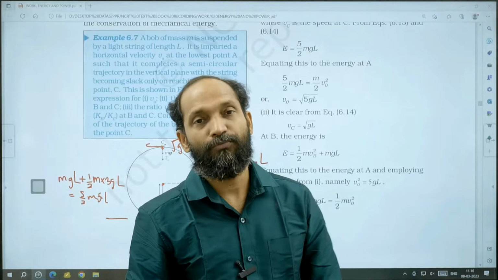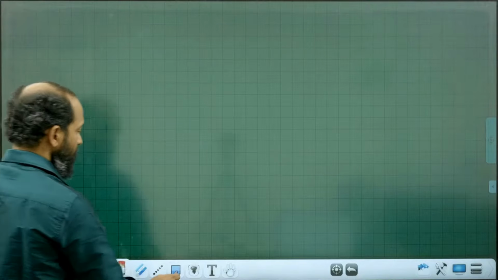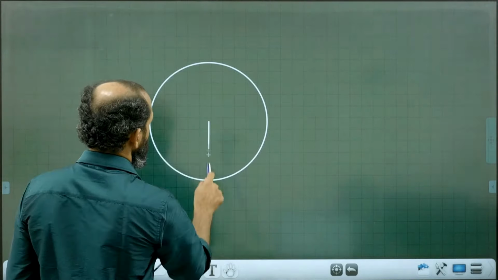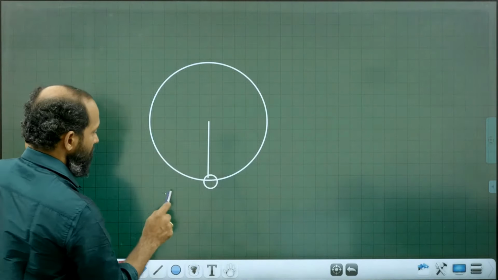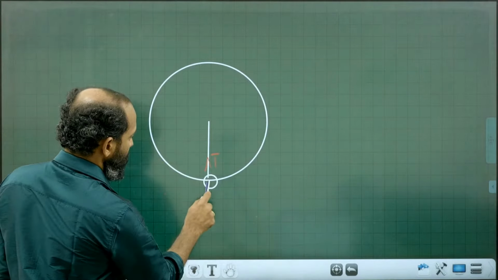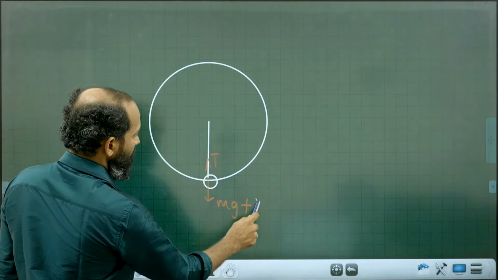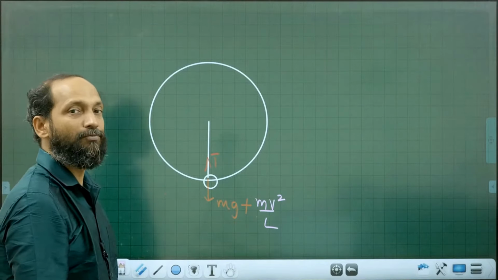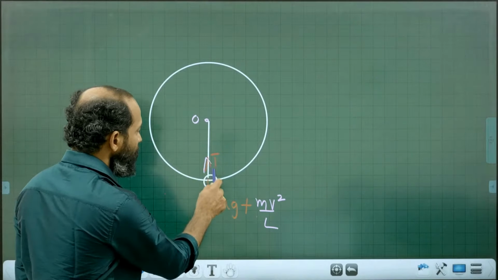You can try to find out the tension when it is at the bottom. Tension during the vertical circle, tension at the bottom. When the bob is at the bottom, T is equal to mg plus mv square by L. mv square by L is the centrifugal force which is acting radially outward. Tension is acting radially inward.